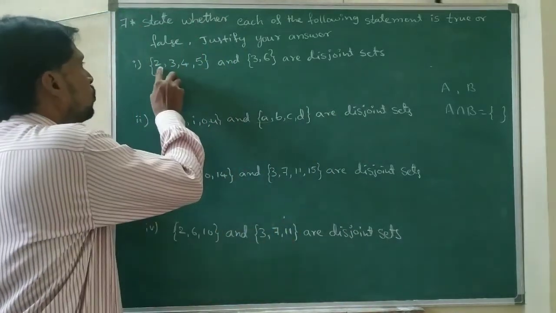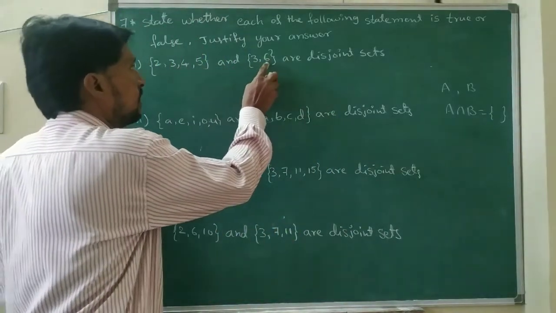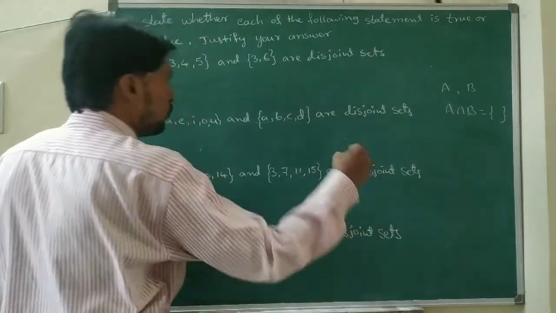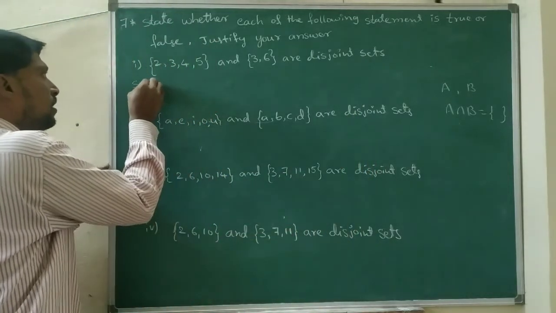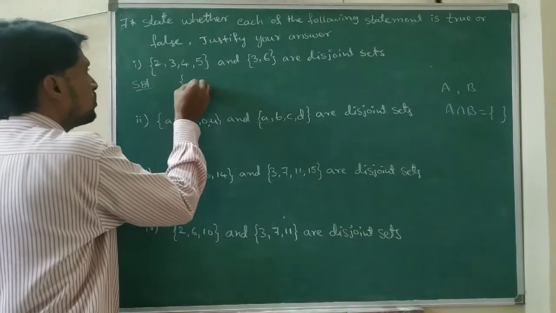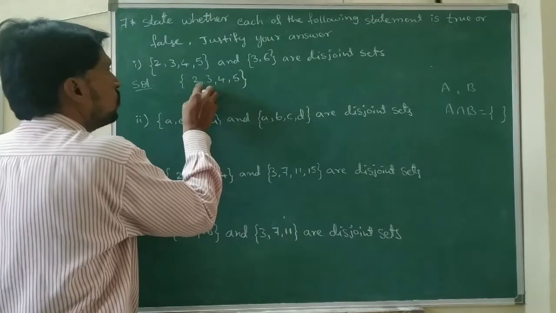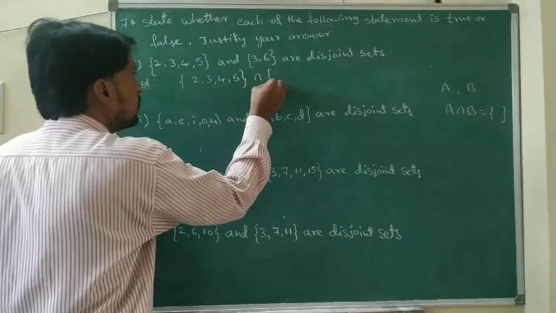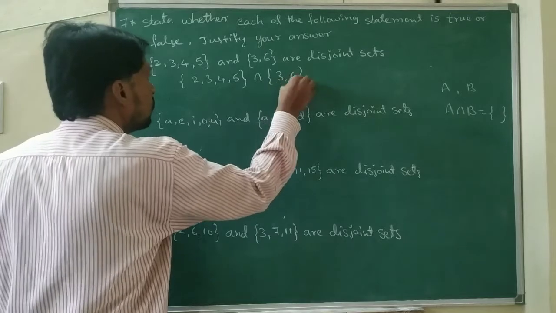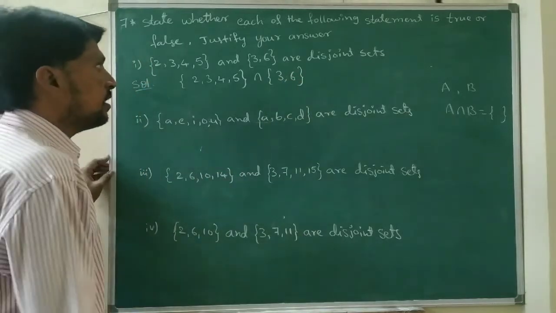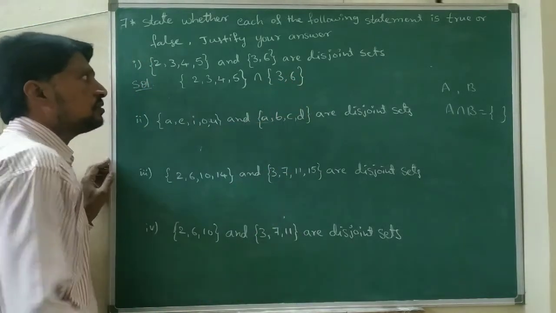So first problem, 2, 3, 4, 5 and 3, 6 are disjoint sets. So are we getting a null set or not? Once you have to see here. Given statement: 2, 3, 4, 5 intersection 3, 6. So here, is any common element there or not?